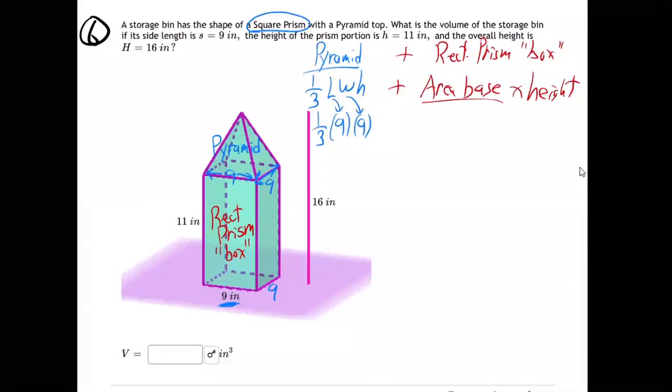And the height, what's the height of the pyramid? Can we tell that? It's got to be 16 minus this height here. Height has got to be 16 minus 11.